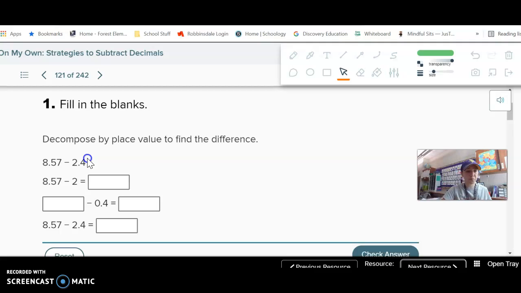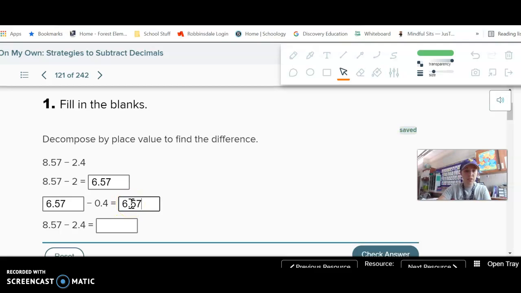All right. So they're showing decomposing and doing partial differences. If I do 8 and 57 hundredths minus 2, that's subtracting from the whole place, so I'd have 6 and 57 hundredths. And then I can take 6 and 57 hundredths and subtract 4 tenths. If I start at 5 tenths and subtract 4 tenths, I'll have 1 tenth left.